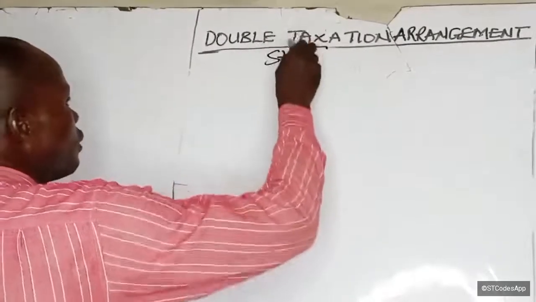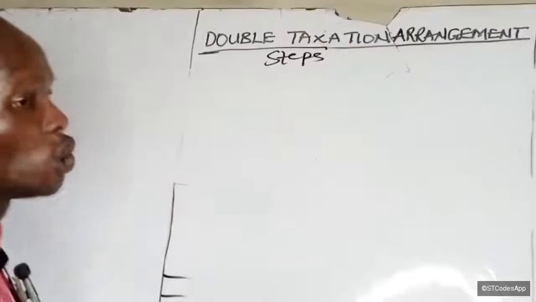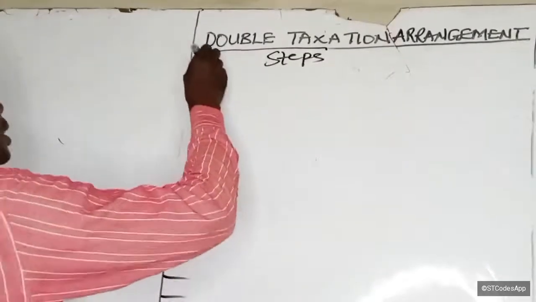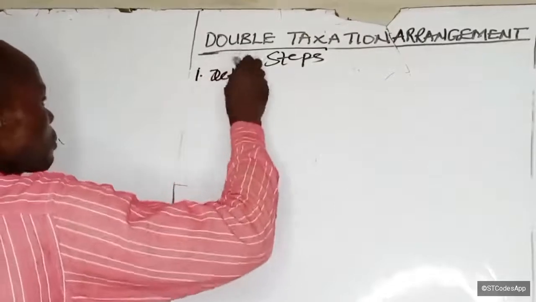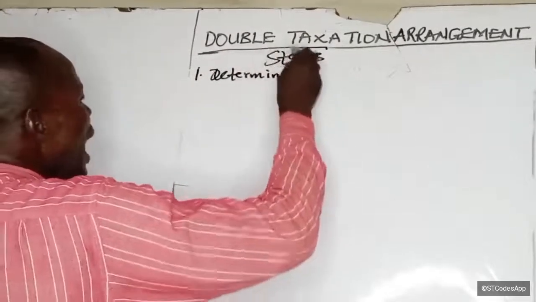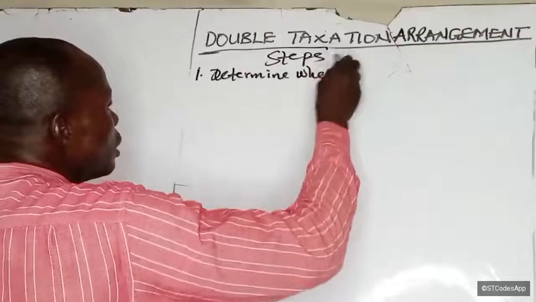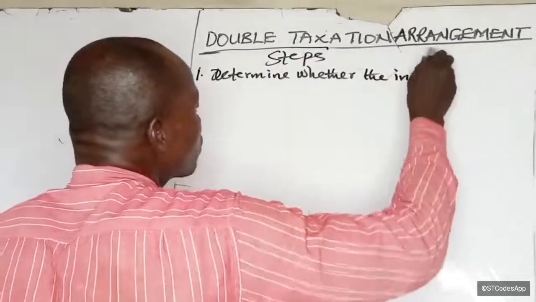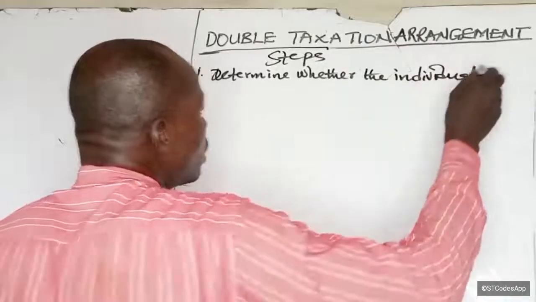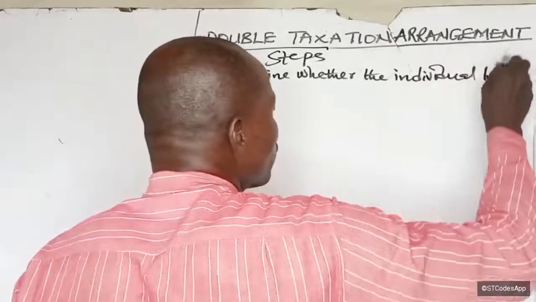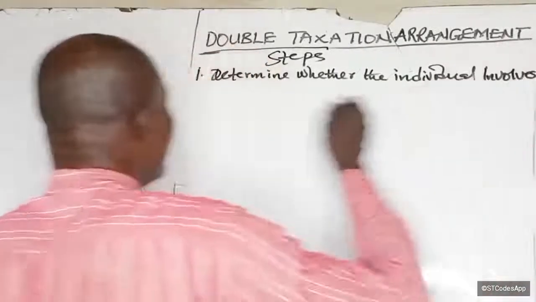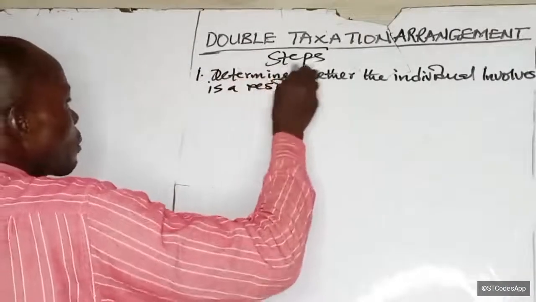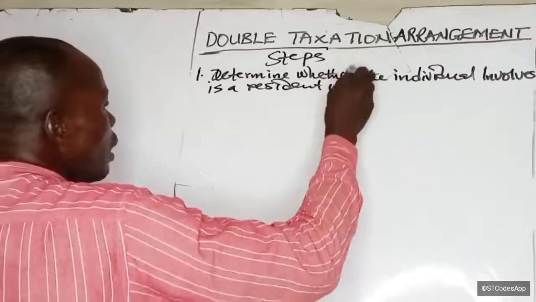Steps for solving double taxation relief questions. Step number one, determine whether the individual involved is a resident individual.